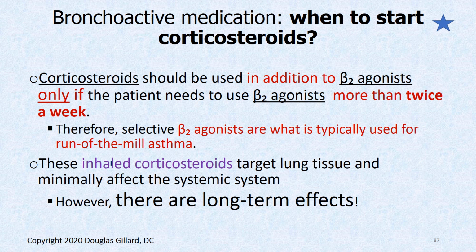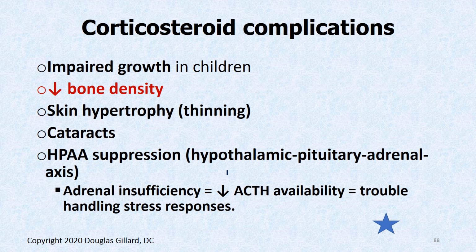Now, we talked about this already, the long-term use of corticosteroids. This is just like taking prednisone, so you're going to have those same effects. In children, it can impair growth, and it decreases bone density, causes skin thinning, and cataracts. It suppresses the HPA axis, right?